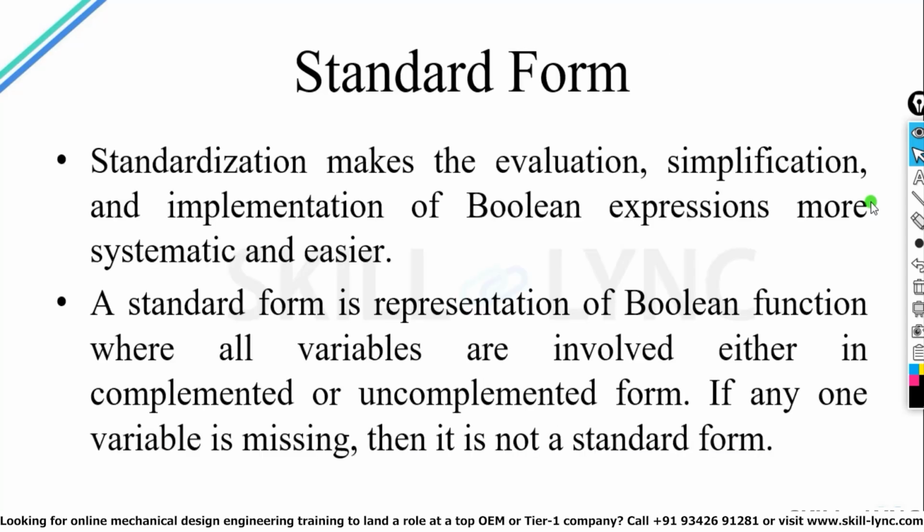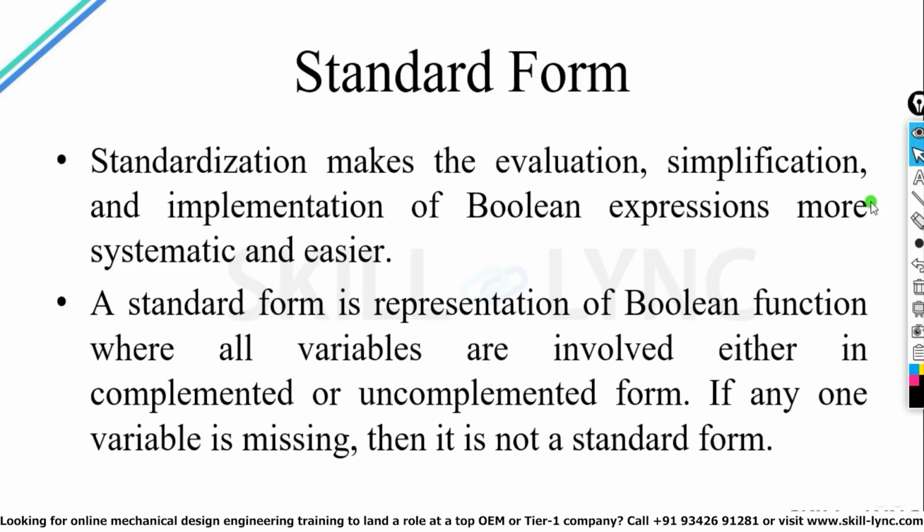After canonical form, the important thing is the standardized form, because standardization makes the evaluation and implementation of Boolean expressions easy and systematic. So it is required that the Boolean function be standardized.